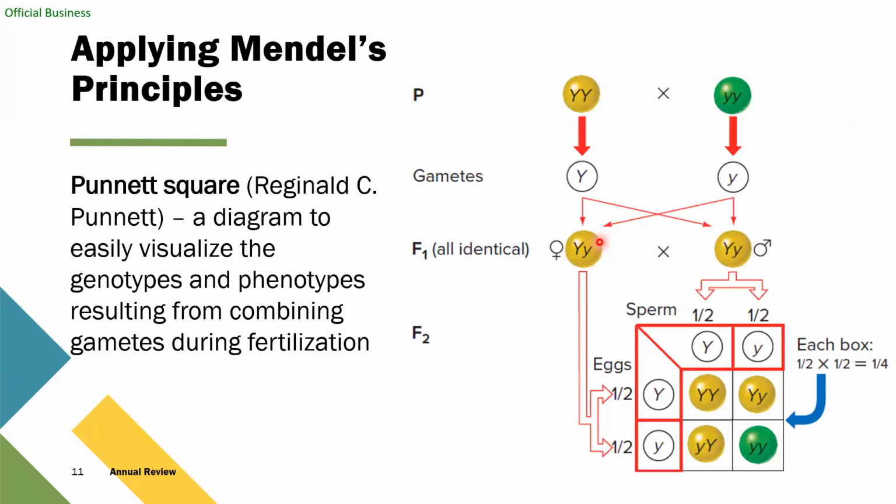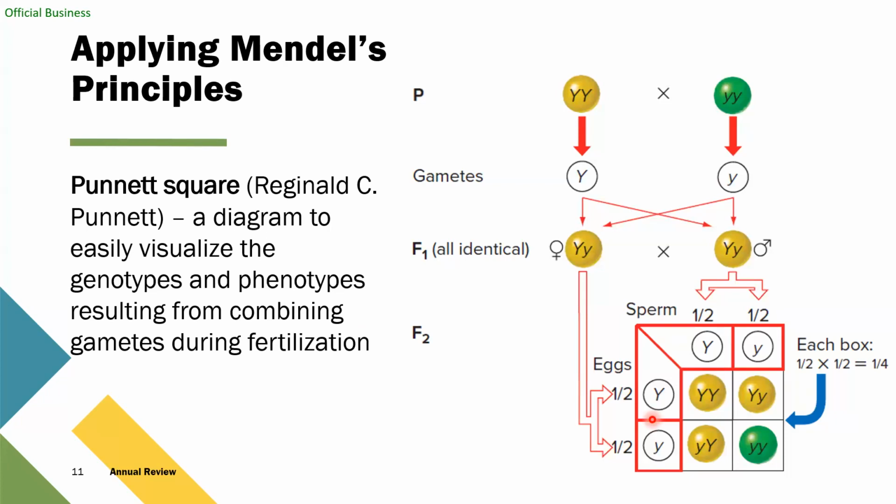So one way to apply these principles is to use the Punnett square, named after the one who proposed it, Reginald Punnett, which is a diagram to easily visualize the genotypes and phenotypes resulting from combining gametes during fertilization. By convention, we have the male on the row at the top and the female on the horizontal columns on the left.